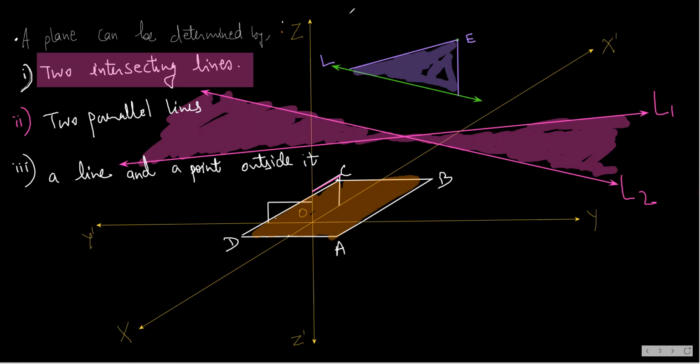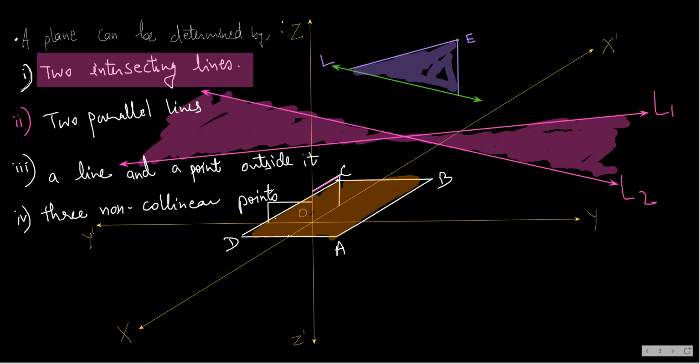We can also determine a plane by three non-collinear points. The last one is three non-collinear points. If we have three non-collinear points, they will definitely define a plane.